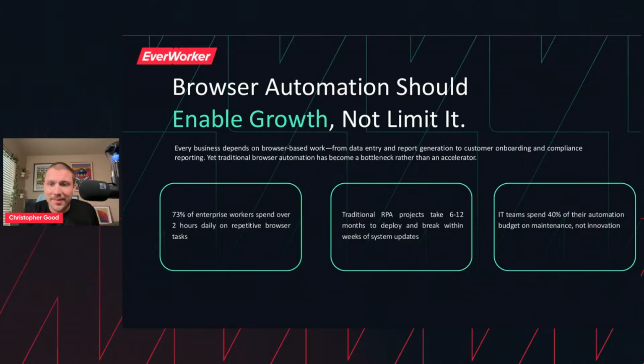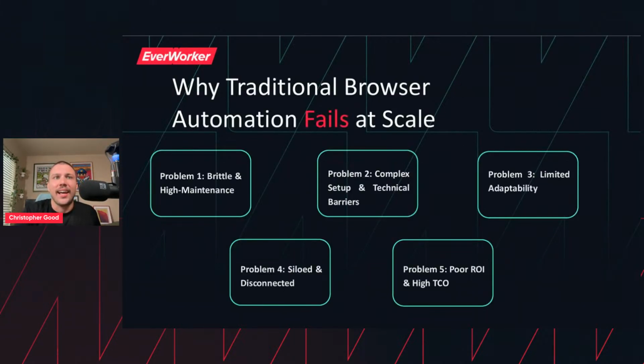IT teams are spending 40% of their automation budget just keeping existing automations running, not building new capabilities. So really, this isn't automation. This is automation theater. You're getting all the complexity and cost with none of the reliability or scale that you need.